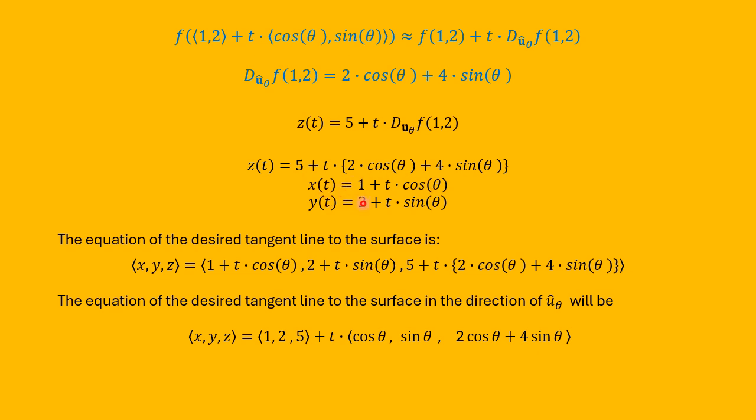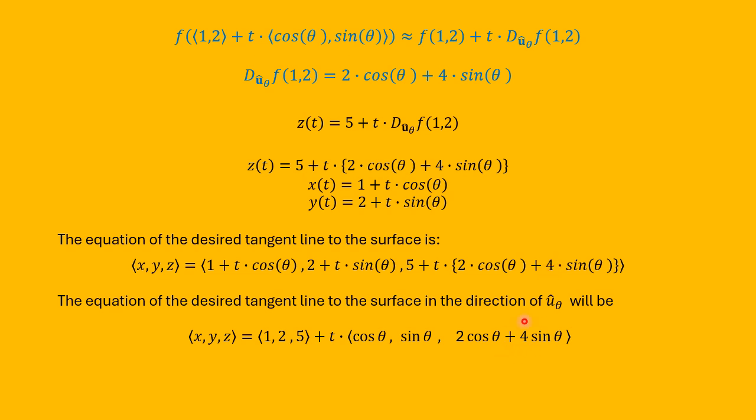Y will be 2 plus t times the y component of that unit vector, which is sine theta. So basically, putting these three things together, we get that x, y, z is what? This stuff was x, this stuff right here was y, and this stuff right here is z.